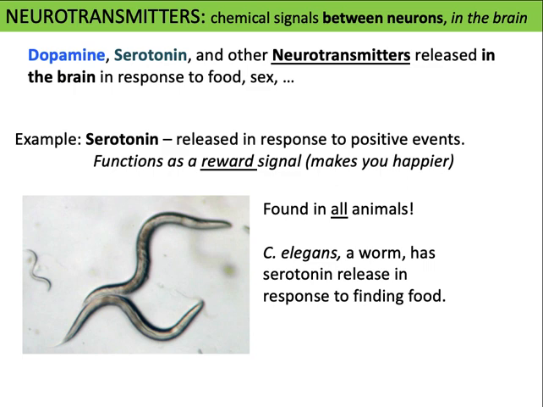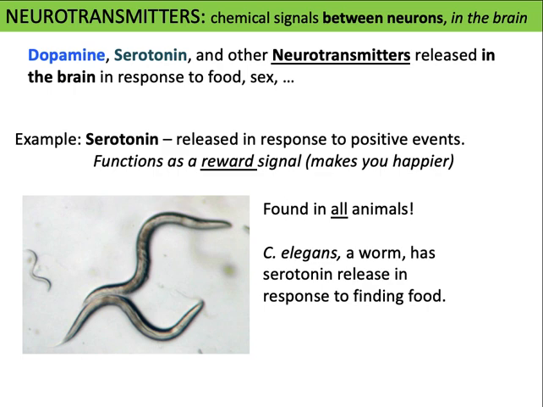And interestingly enough, serotonin is found in all animals. And so here's an example of a worm that has a serotonin release in response to finding food. Right? So if we eat something particularly tasty or high calorie or full of sugar or whatever it might be, we frequently get a hit of these neurotransmitters as a sort of reward.